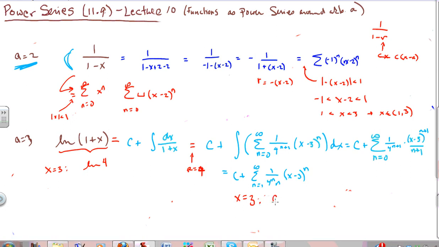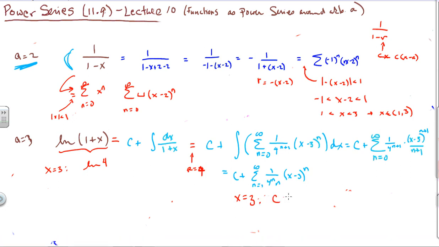So we get ln of 4 is equal to c. And so this power series is equal to ln of 4 plus the sum n equals 1 to infinity of 1 over 4 to the n times n, times (x minus 3) to the n.